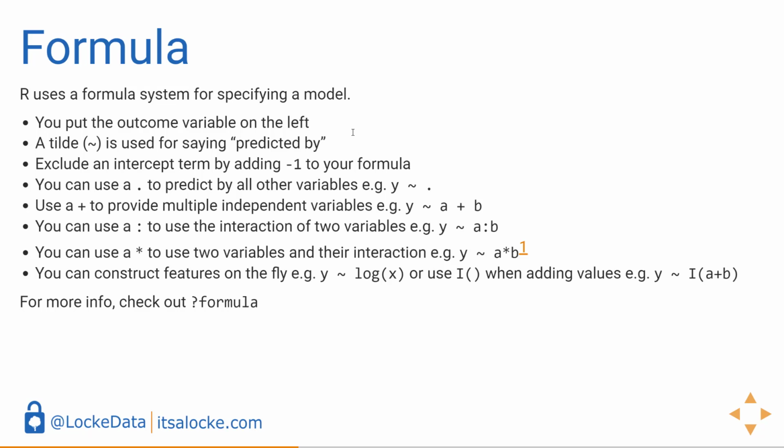If you want to use every variable to do a prediction, which of course risks overfitting but gives you an idea of the maximum accuracy you could get on your training data, you would use a full stop. You can consider variables independently by using a plus sign. You can look at their interactions by using a colon, and you can look at the interactions and the values independently by using an asterisk. And you can also make transformations as you go.